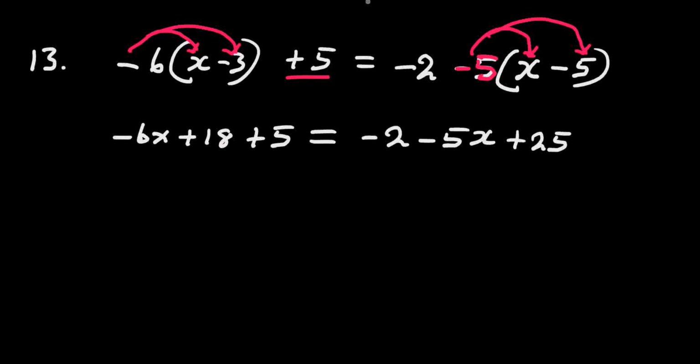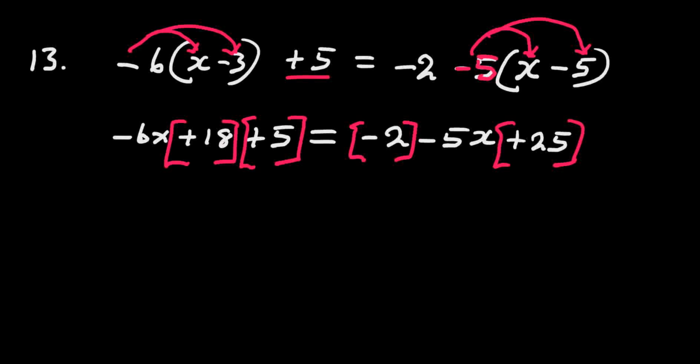Okay, on the right side, we can combine like terms. So the terms without x, negative 2 and positive 25, we can combine both of them. And on the left side, we also have the terms without x, plus 18 plus 5. So let's combine these terms.